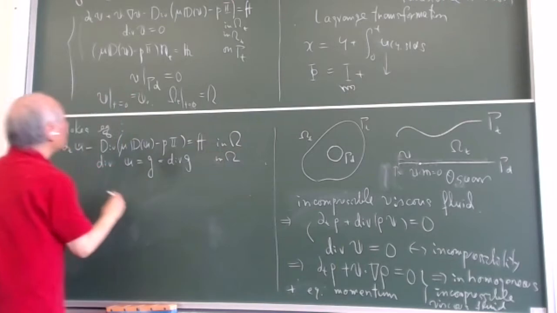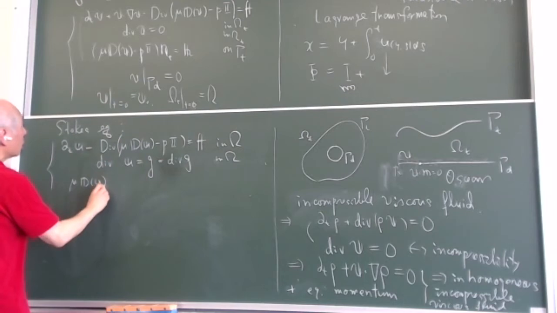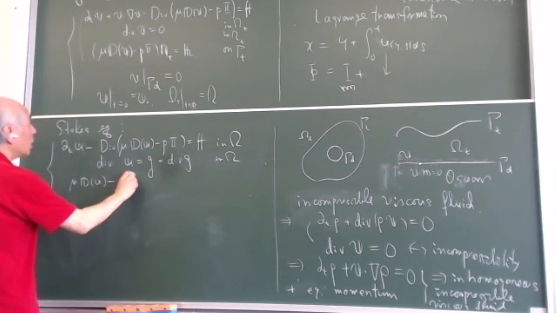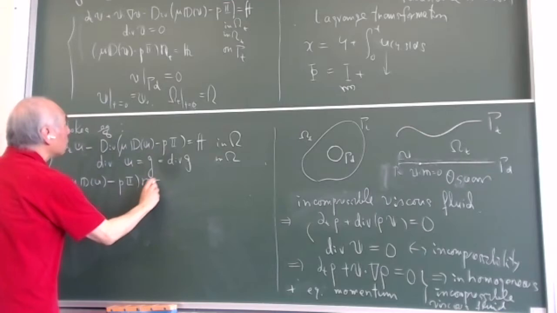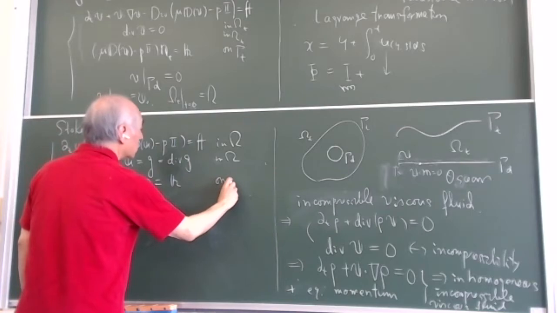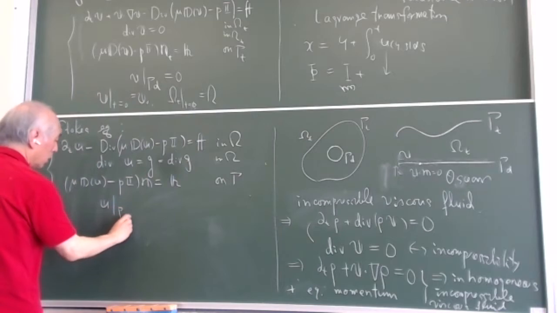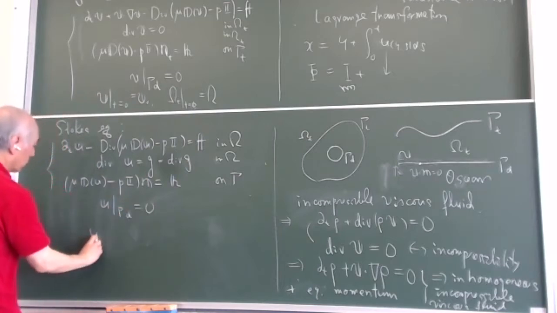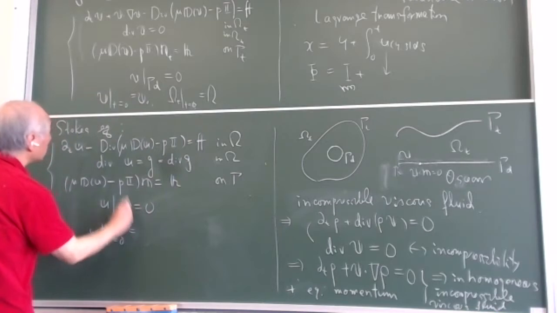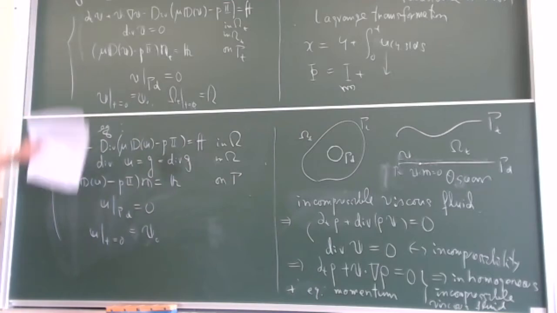And then mu du minus pi n equals another h on the solid boundary gamma. And then u on gamma d is equal to 0. And the initial condition is the same. So this is a linearized equation for this equation.